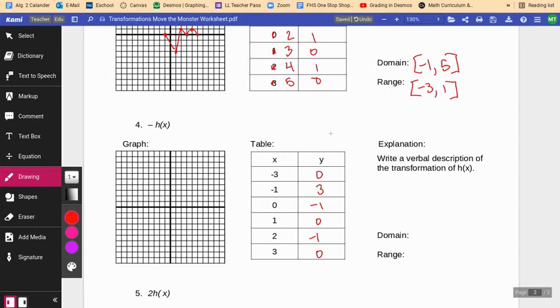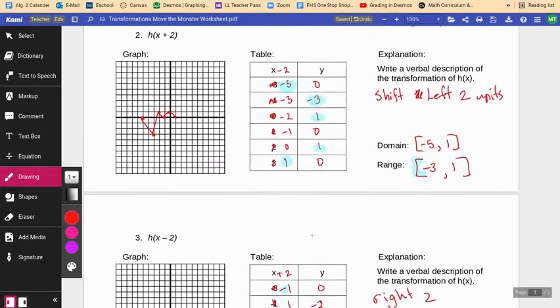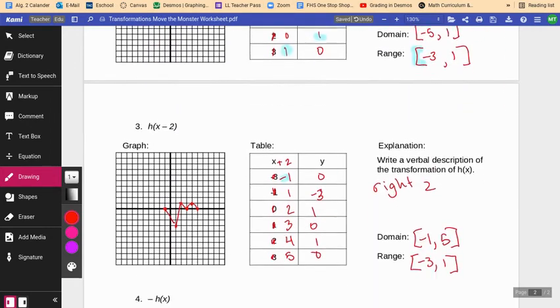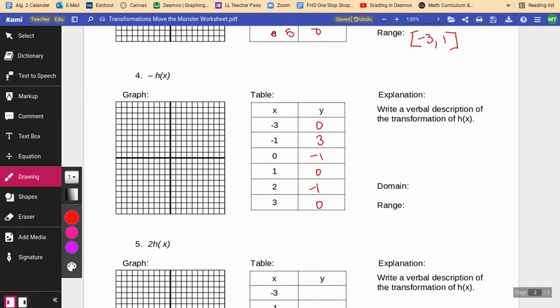Okay, and so if I compare this table to my original table, we noticed that the only thing that was affected were the signs of the y values. So we just flipped the sign, right? We multiplied it by a negative. So all that I need to show is I multiplied by -y. And then I can just graph this.